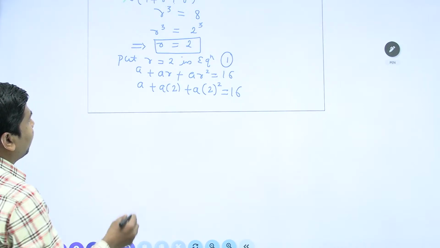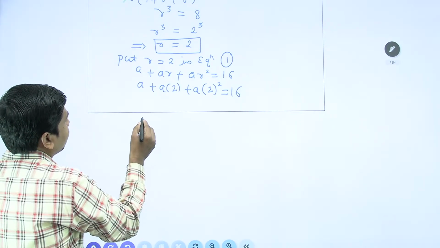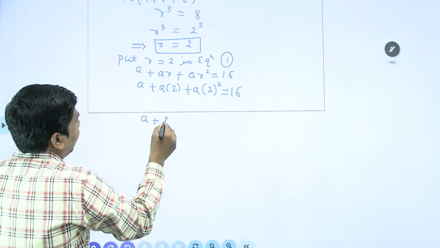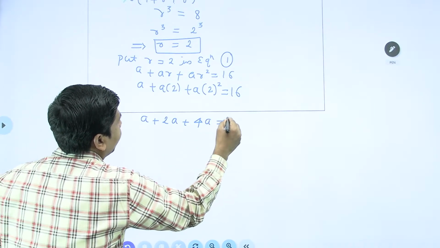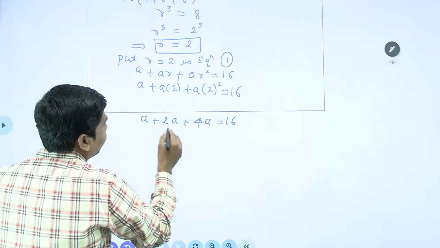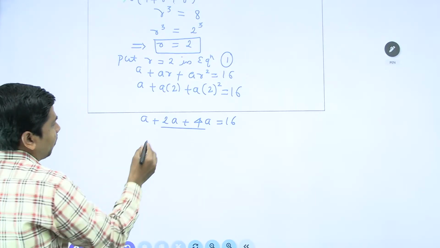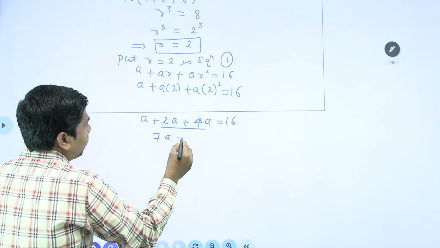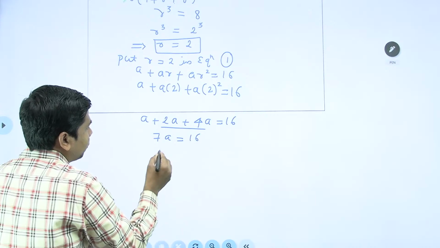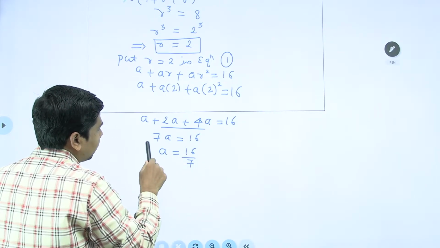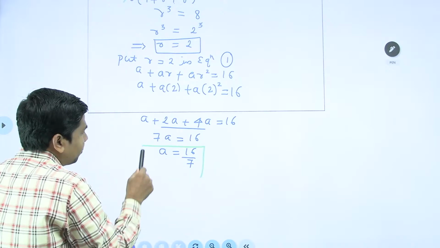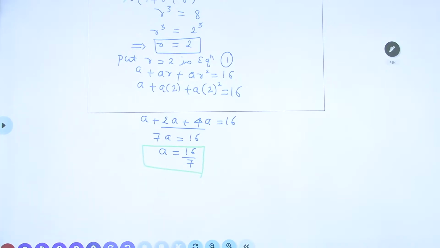Let us simplify. a plus 2a plus 4a, that is 4 plus 2 is 6, 6 plus 1 is 7a. 7a equal to 16, so a equals 16 by 7. The value of a is 16 by 7 and the value of r is 2.